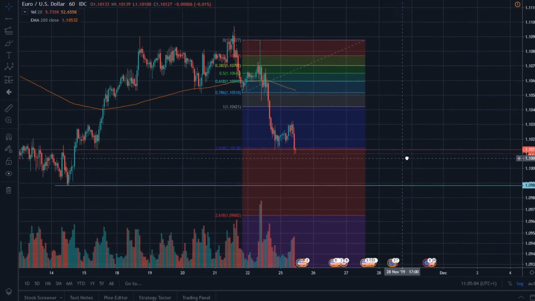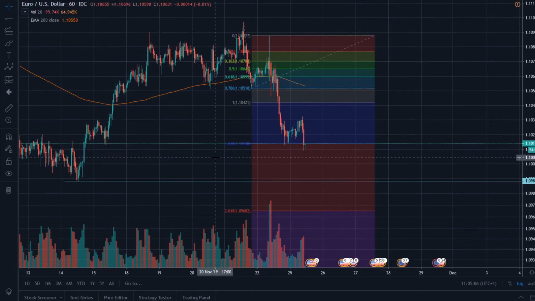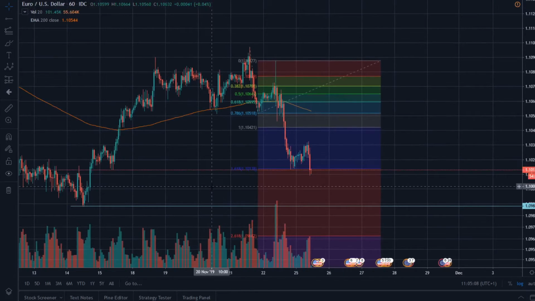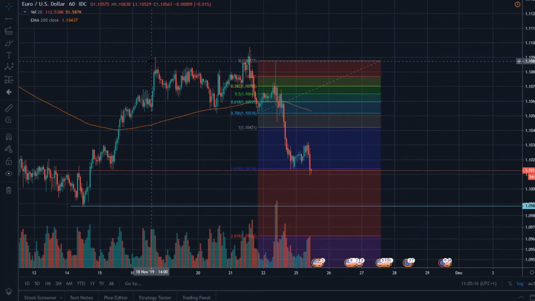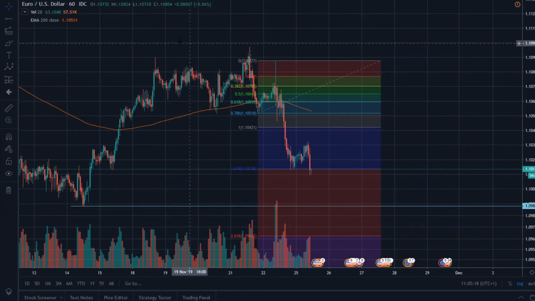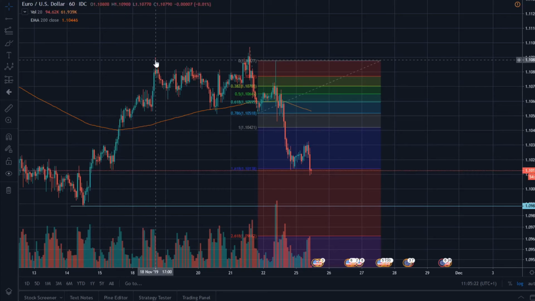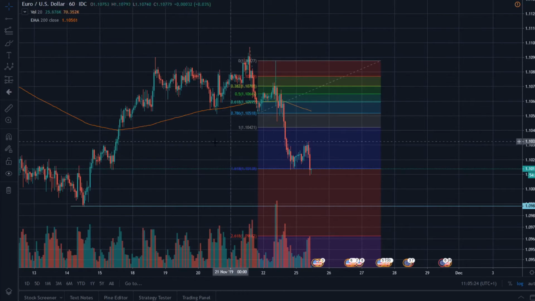But this movement is as well interesting because we have this. It looks very impulsive to me because it's clearly dividable into 5, but it's on the other side. So maybe we have a 1, 2, and this is just another 1, 2. But then again, this 2 went below this low, so this cannot be a 2 either.